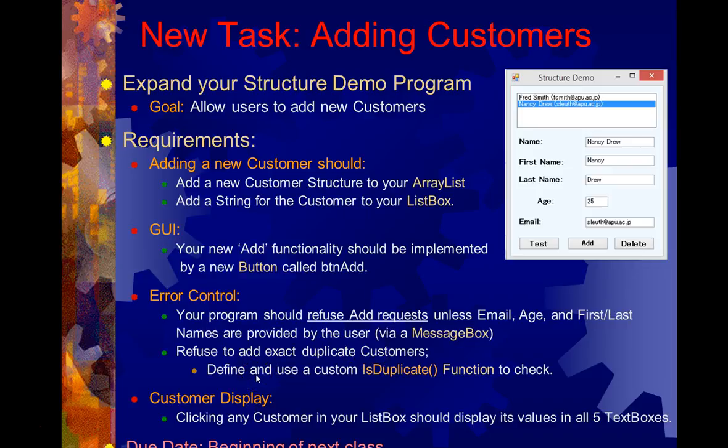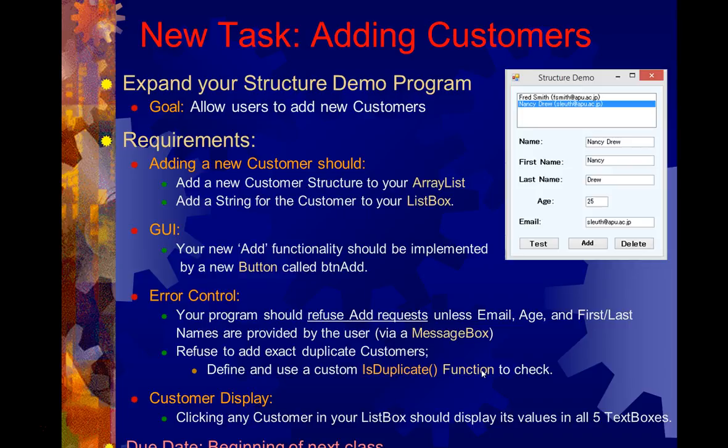The way that he wants you to do that is to define and use a custom isDuplicate function. So if you define such a function, then you can say, if isDuplicate is true, then give a message box telling them that the customer already exists in our database, so don't add that customer again. So that kind of logic.